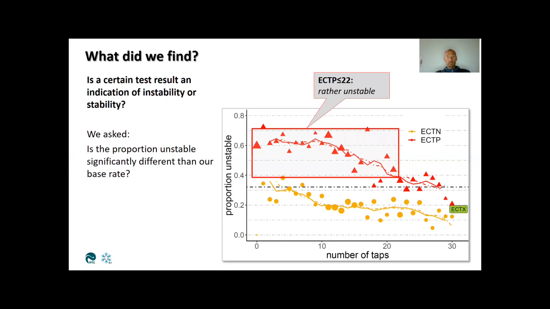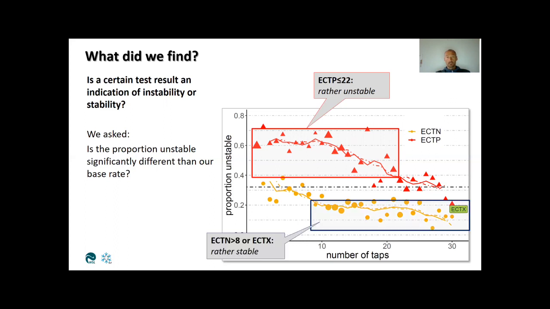If we now do this analysis, we come up with the following. ECTP with less than 22 taps were clearly on the more unstable side of our base rate. In contrast, ECTN with more than 8 taps or ECTX were clearly much lower than our base rate, and we can interpret them as rather stable.